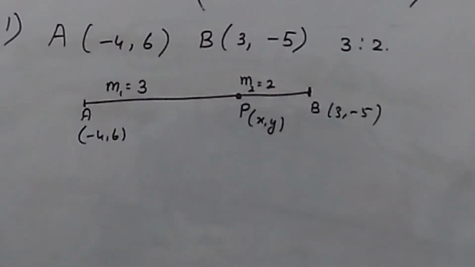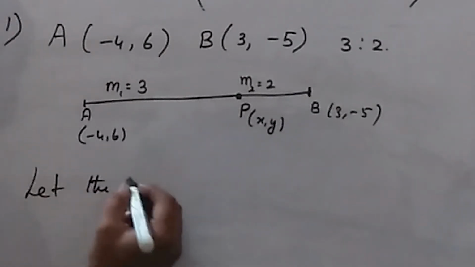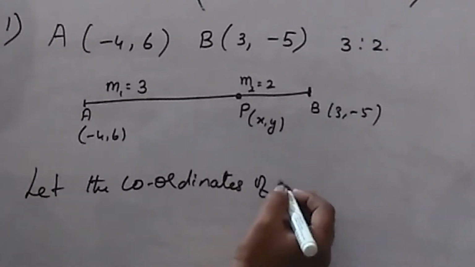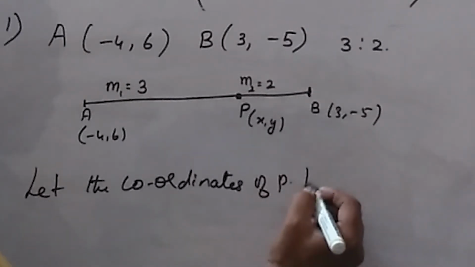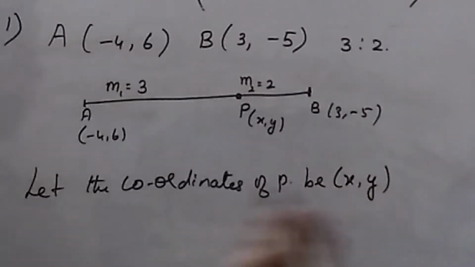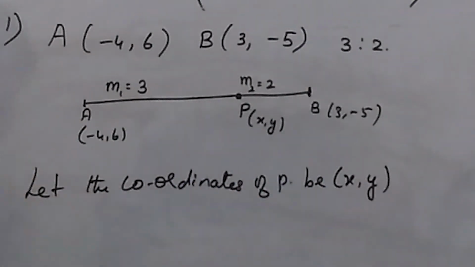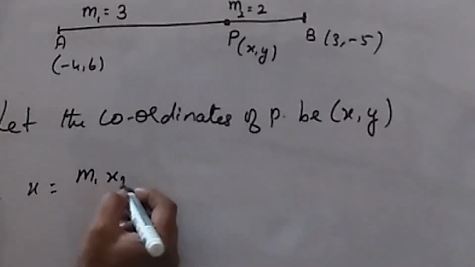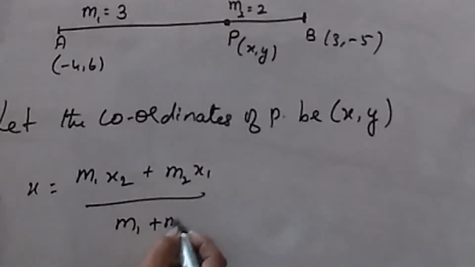Understand? Now we have to find the point. Let the coordinates of P be X and Y. Therefore, X is equal to M1 X2 plus M2 X1 upon M1 plus M2.